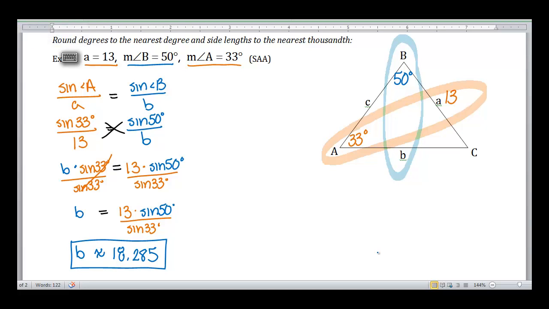Next, we are solving this triangle for, again, all the missing pieces. We know side B, but I still need to figure out side C and angle C. Well, just like when we are working with right triangles, the 3 angles of a triangle should still sum to 180 degrees. So if I want to find angle C, all I have to do is subtract the 2 angles we already know from 180.